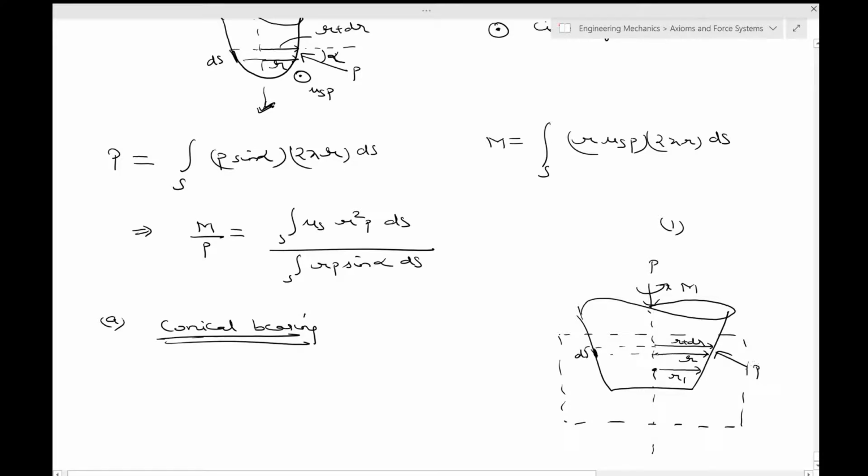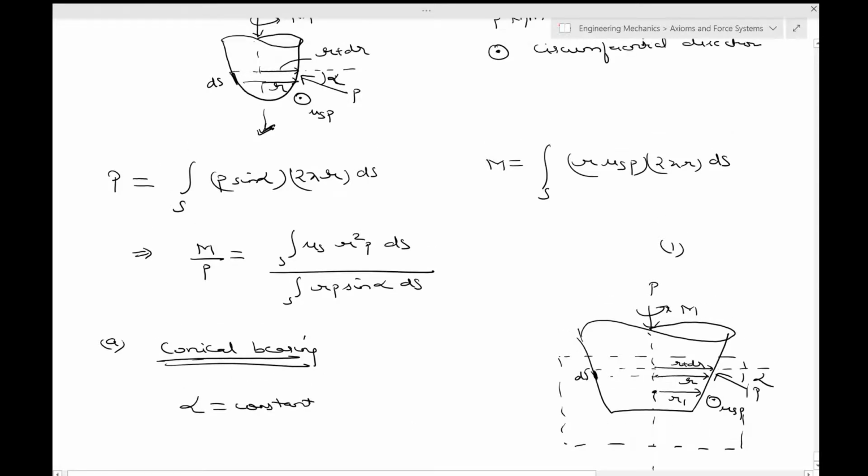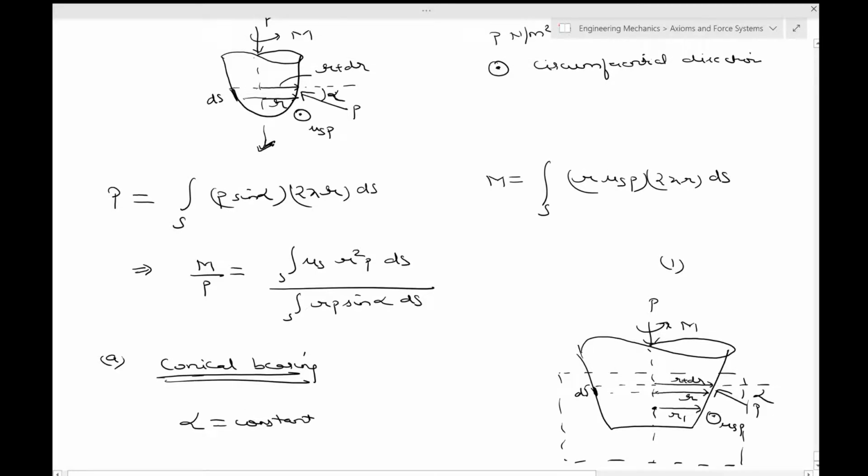P acts like this, the angle is alpha, and mu s p acts in the circumferential direction. Now in this case, for a conical bearing, clearly alpha is constant. In the earlier case, alpha would change depending on where you are.